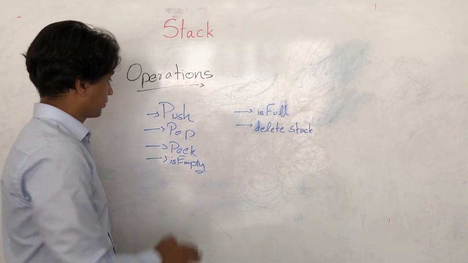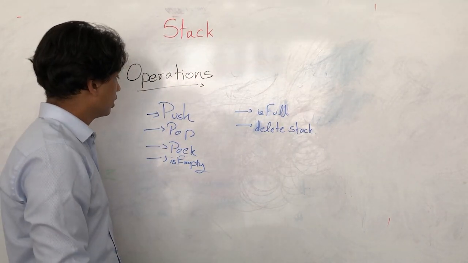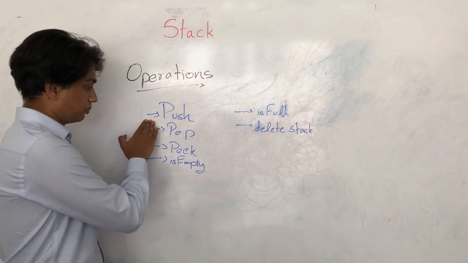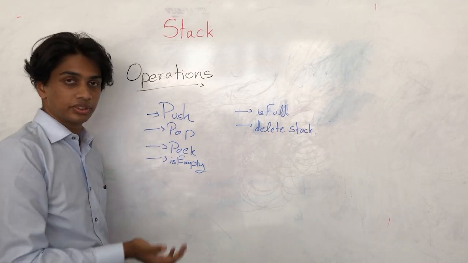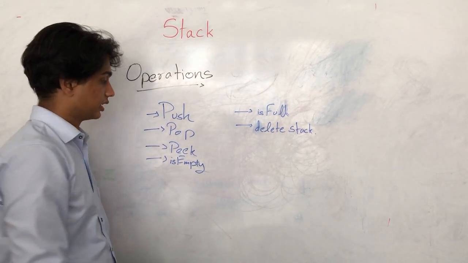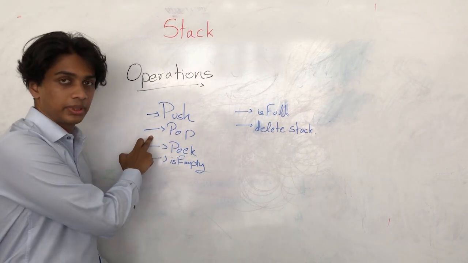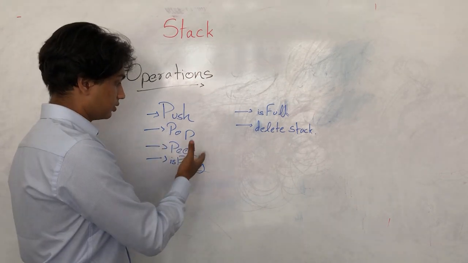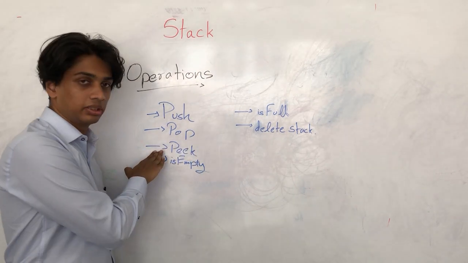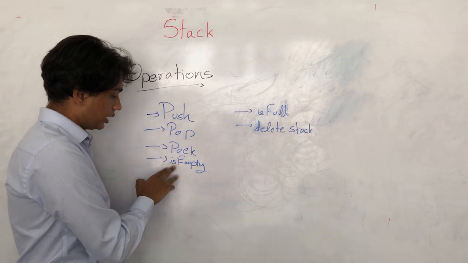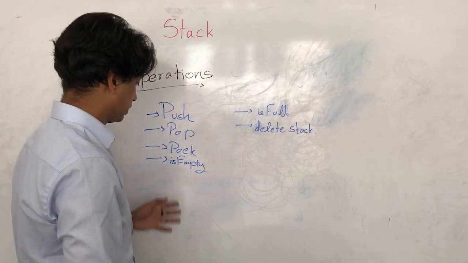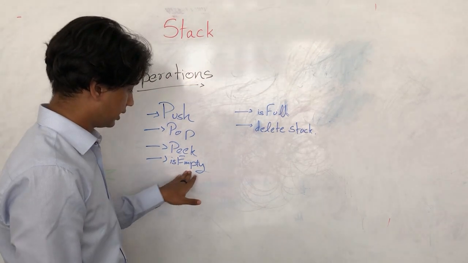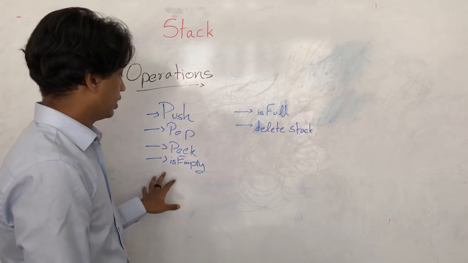The first one is the push method. If we want to insert data into a stack, we use this push method. If we want to take out data from a stack, we use this pop method. If you want to see the first element in a stack, we use this peek method. If we have a doubt like whether this stack is empty or not, we can use this isEmpty method to see whether our stack is empty.